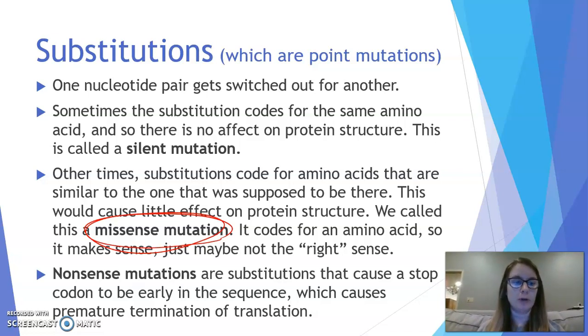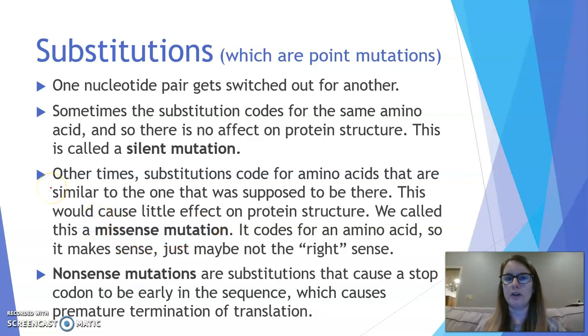Once you reach that stop, that's going to signal to all of the machinery in your cells, okay, we need to stop making this polypeptide now. It's done. So you're going to have premature termination of translation. The translation of that protein is going to stop way before it's supposed to.